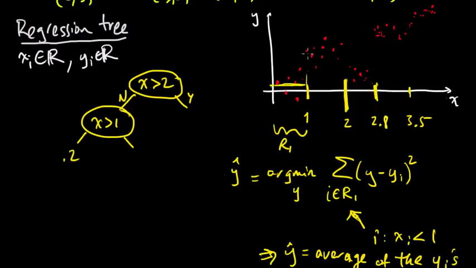And then here we get the average of the y's in this region. Maybe we call that R2, so we average those. And then we average the y's in this region. So maybe, I don't know, what was this? We said 0.1, maybe this is like 1.1, something like that. So 1.1 when it was less than 2 and greater than 1.